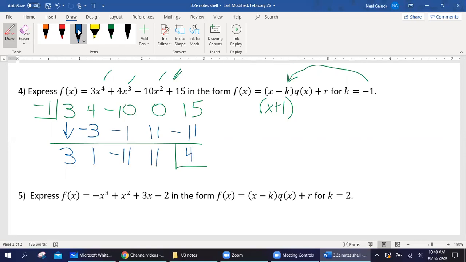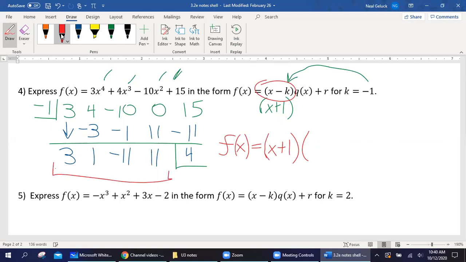So this is saying that I can write f of x as x minus k, which in this problem is x plus 1, times the quotient part. Remember, this is just going to drop by a power. So that's all this stuff. That's going to be 3x to the 3rd plus x squared minus 11x plus 11.